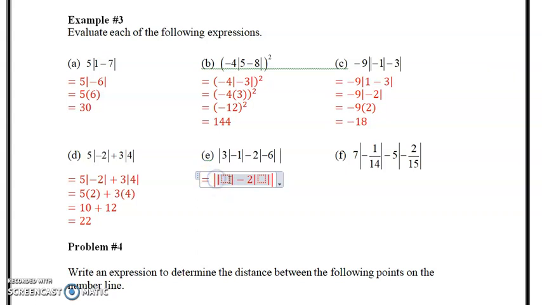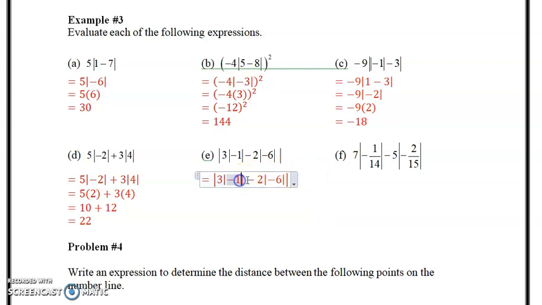So the whole thing is taking the absolute value. And the negative 6 is absolute value, and the negative 1 is absolute value. So you got to be careful there. And that may be hard to see. Just be careful there. So that's what we have.